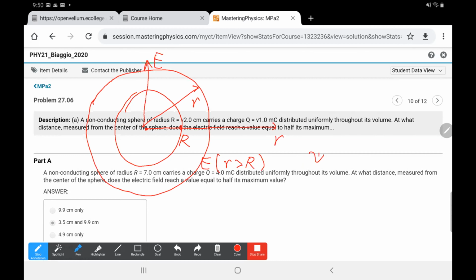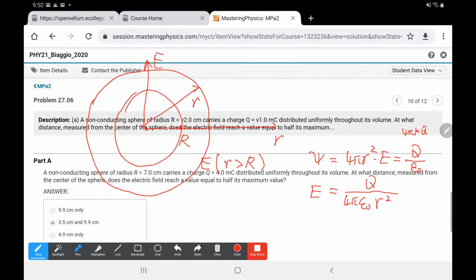The flux is equal to the total surface area 4 pi r squared times the electric field. Then this will be equal to the charge inside the sketched surface, that will be Q over epsilon naught. Or you can use 4 pi k, doesn't matter, depends on your preference. Then you will get the electric field outside the sphere, that will be Q over 4 pi epsilon naught r squared.